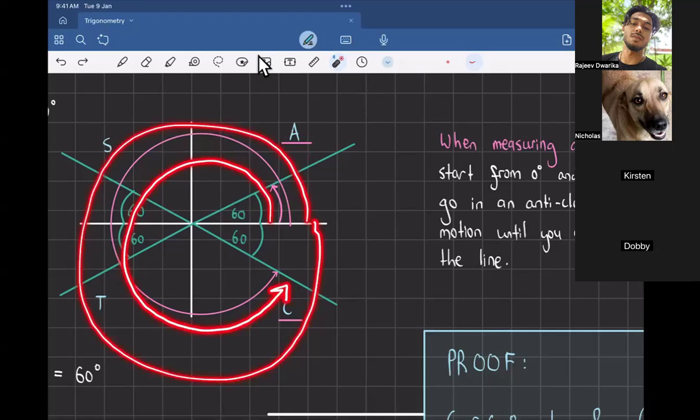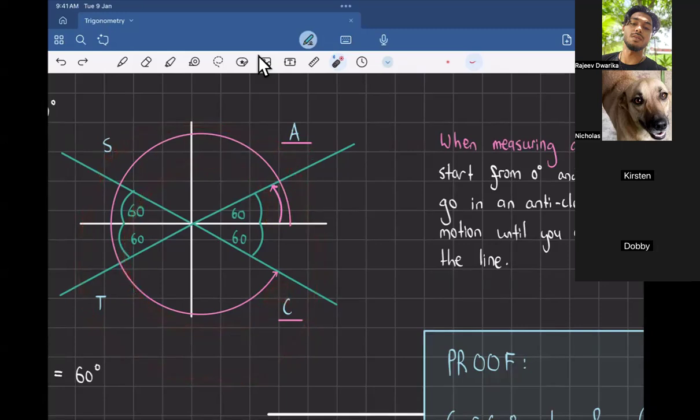So if you make a full revolution, that's 360. What if you stop 60 degrees before 360? See if you could figure out the answer for me. 300, yeah.